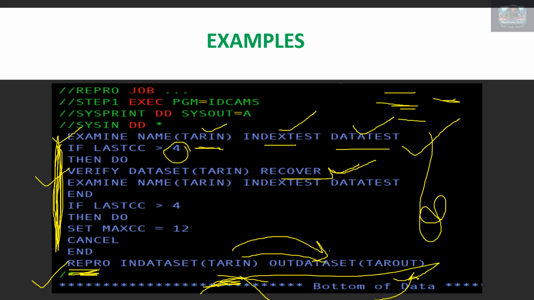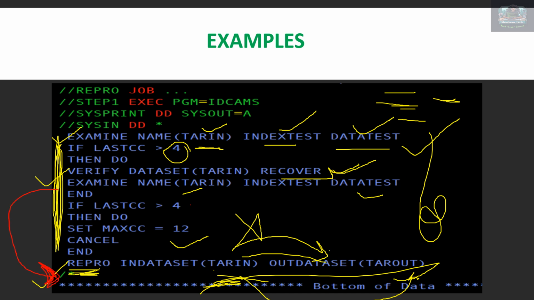After this, again run an examine. If this time the data set has run properly, but if the CC is greater than 4, again, then set max CC to 12 and abend the job here. But if it isn't abended here, if it is less than 4, do the repro, then do the copy.